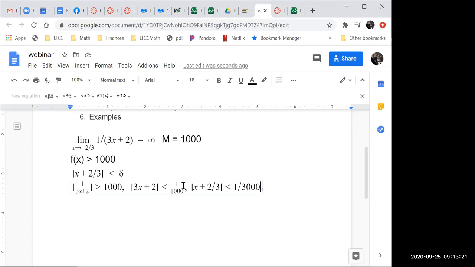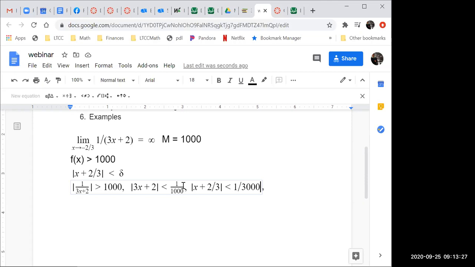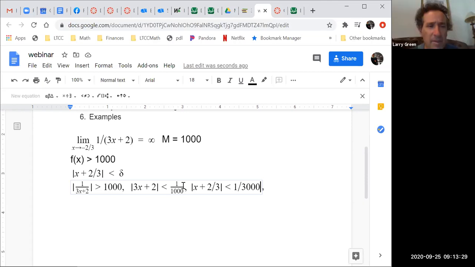Question: in this case, is L infinity? Yeah, but see, the special case if L is infinity, that's where you have f of x is greater than whatever your M is.